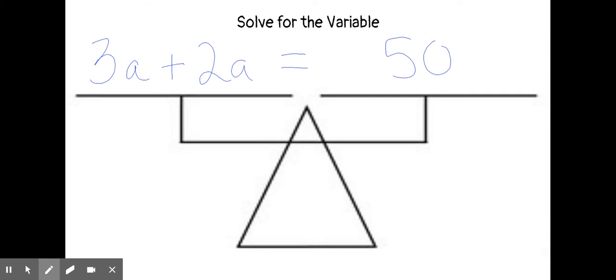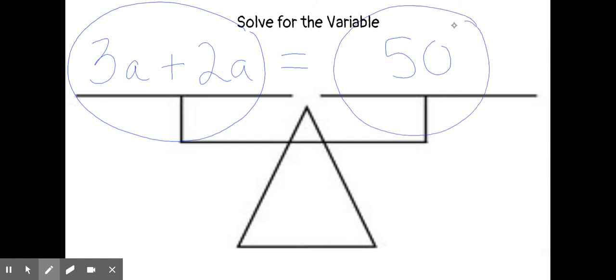And this is why our background is a balance, because I'm trying to show you that one side is in balance with the other side. So this side right here is equal to 50. And this side right here, obviously, is equal to 50. But we need to figure out what that a represents now.